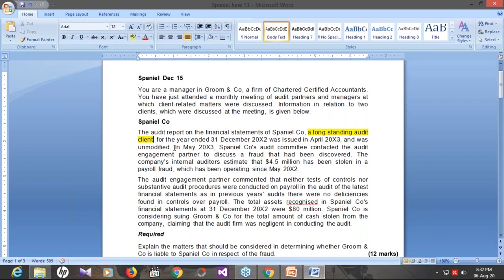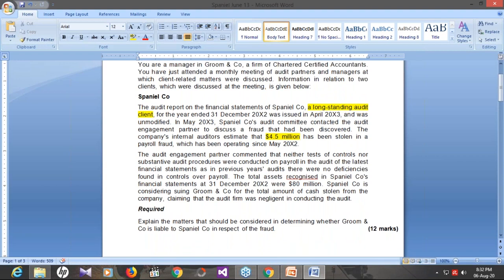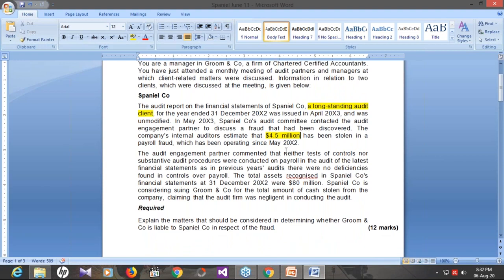In May 20x3, Spaniel Co's audit committee contacted the audit engagement partner to discuss a fraud that had been discovered after the audit report, of course. The company's internal auditors estimate that 4.5 million has been stolen in a payroll fraud, which has been operating since May 20x2. So this point is very important, 4.5 million. You also need to highlight this, and it is happening since May 20x2.